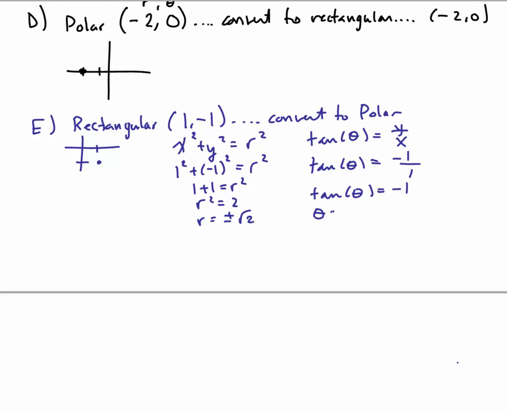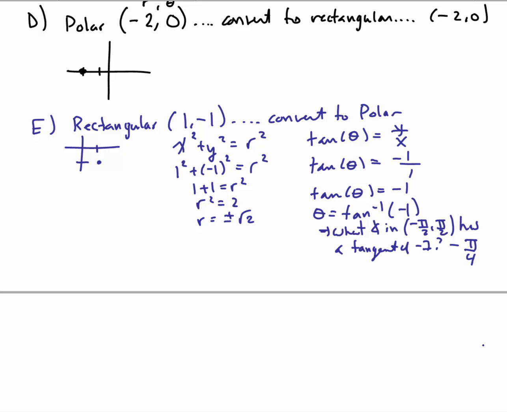So I'm going to go ahead and take the inverse tangent of both sides, or arctan, if you want to think about it like that. And this means what angle in the interval negative pi over 2 to positive pi over 2, points not inclusive, has a tangent of negative 1? And the answer is negative pi over 4.